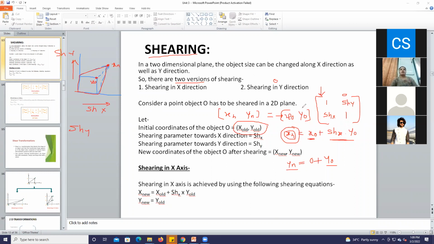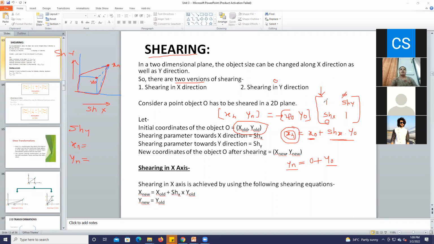So as shearing is along y-axis, at that time the shear along x will become 0. And then I will perform multiplication with this. So here shy is no longer 0 now, because the shear along y-axis only we are going to find out. So I can write now the xn and yn values.